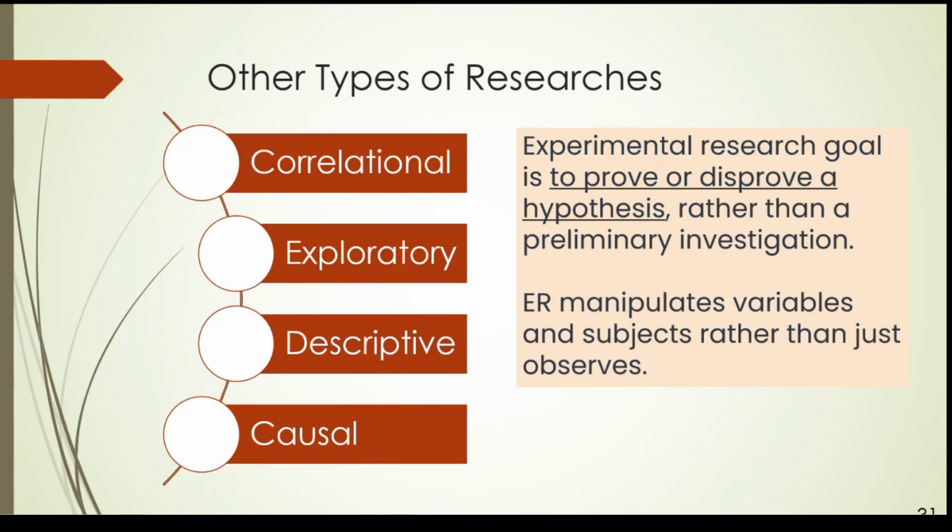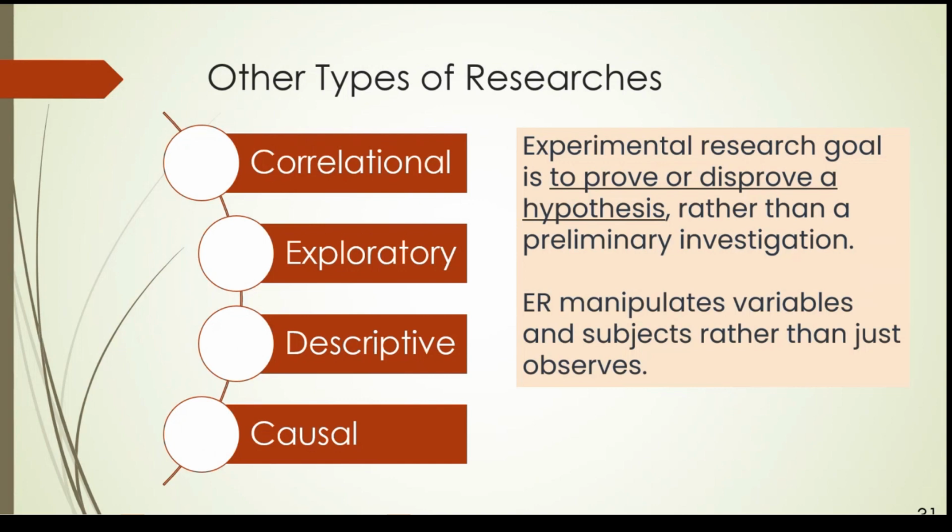And then you can do causal researches. In causal researches, even though in experiment we are also looking for cause and effect, in experiment we already have a hypothesis. Experiment must have hypothesis to see the causal effect in the hypothesis. Whereas in causal research, we don't have a hypothesis.